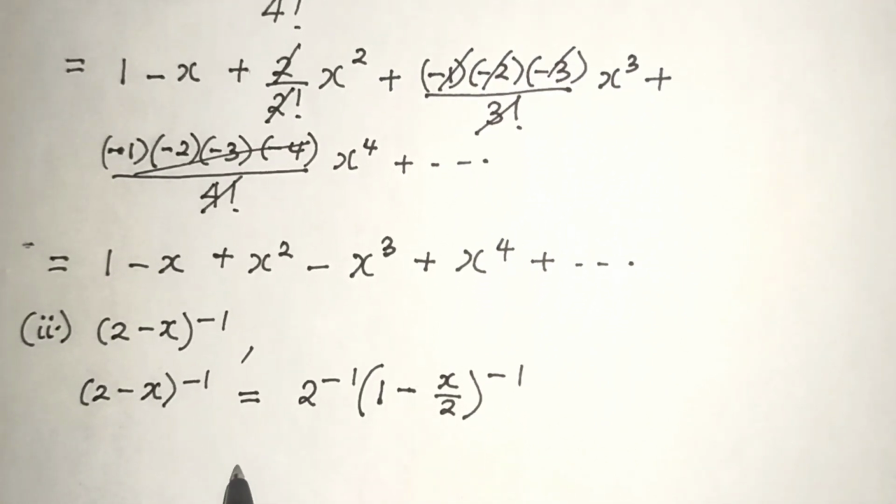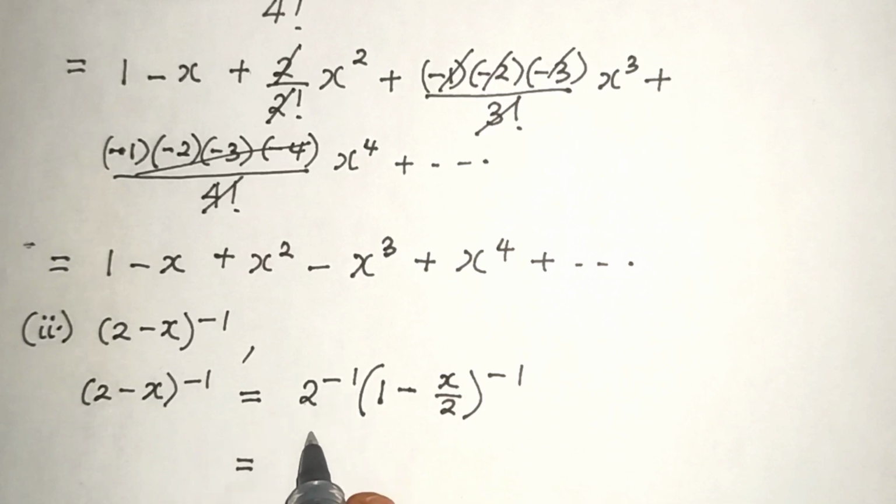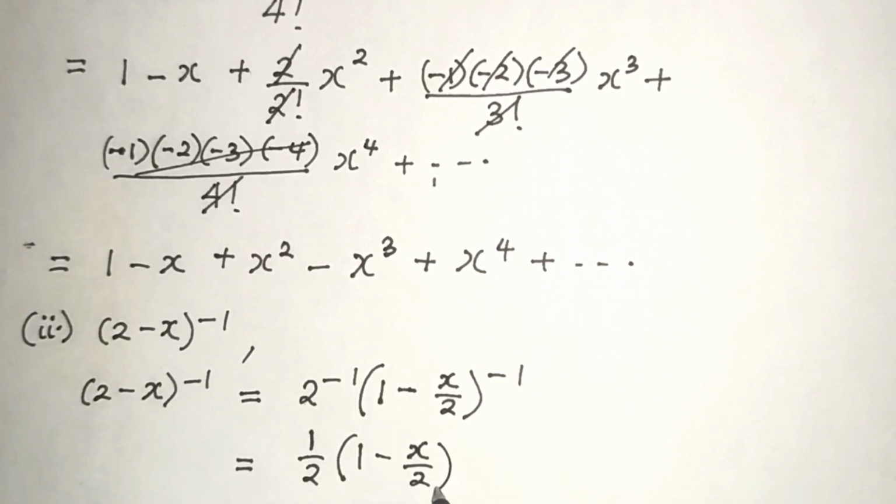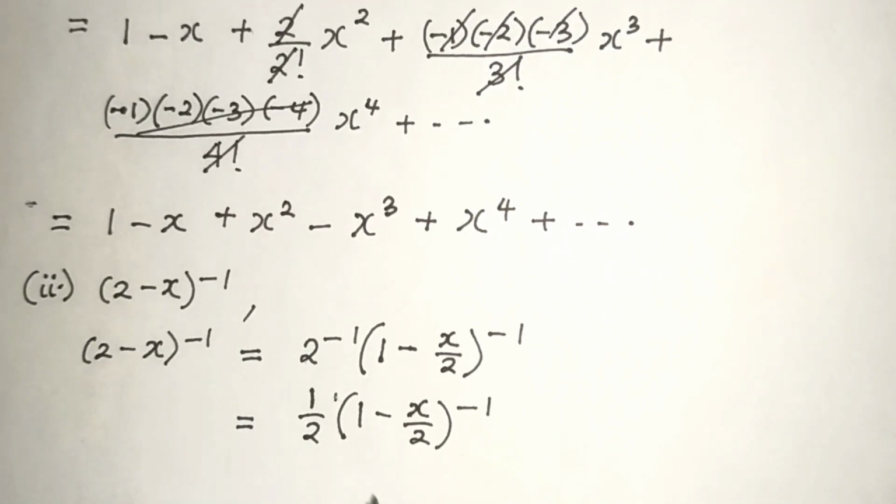And this is equal to, here we can write this 2 to the power minus 1 as 1 over 2 into (1 minus x over 2) raised to the power minus 1. So we are going to expand this and then multiply the result by half.